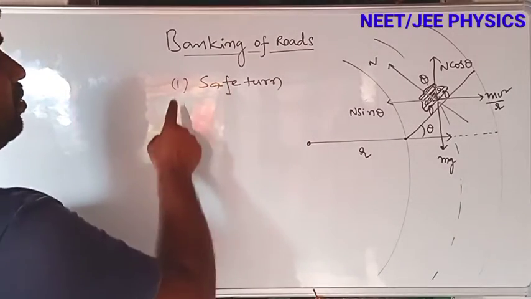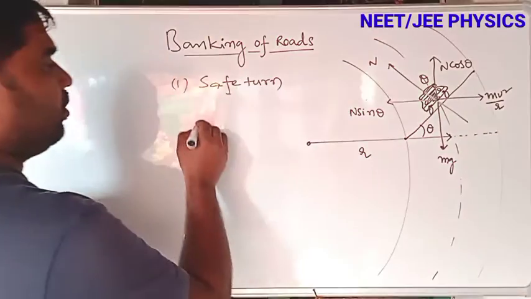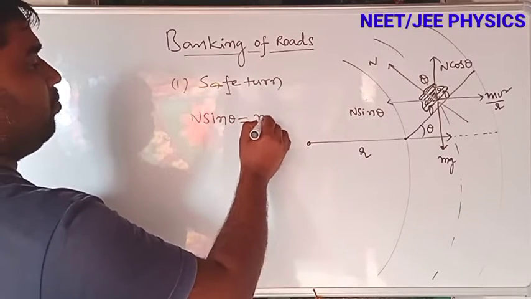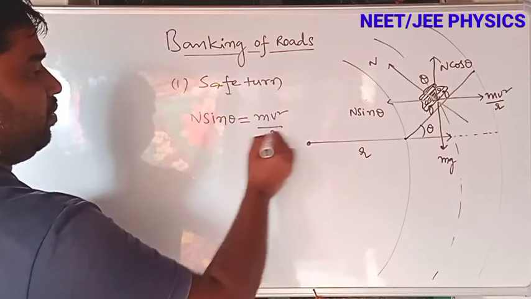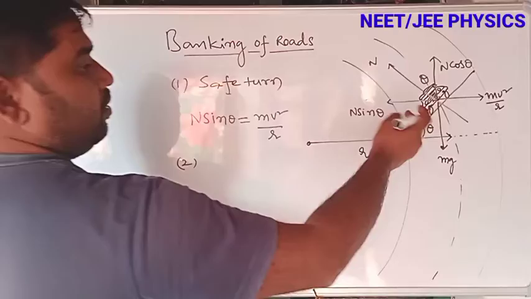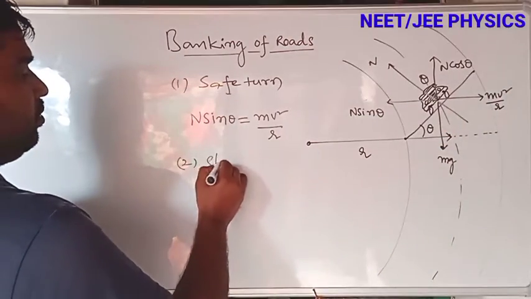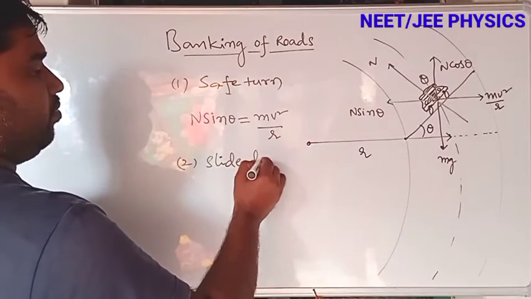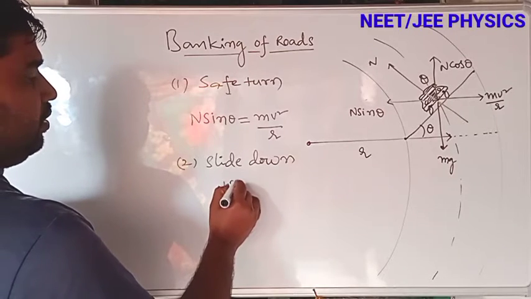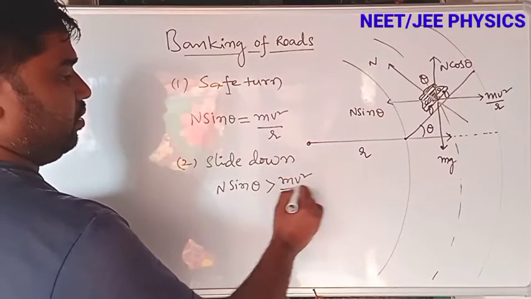Here there are three possibilities. One is a safe turn. In a safe turn, n sin theta must be equal to mv square by r. That means n sin theta is providing sufficient centripetal force. Then only it can make a safe turn. In the second case, the car can slide downward, inwards, when n sin theta is greater than mv square by r.